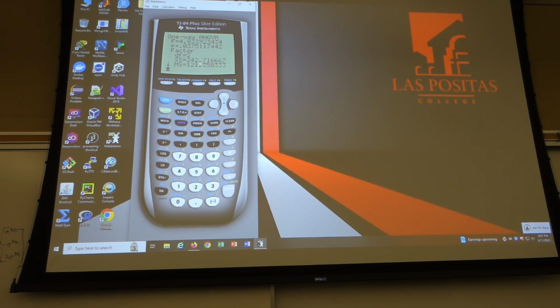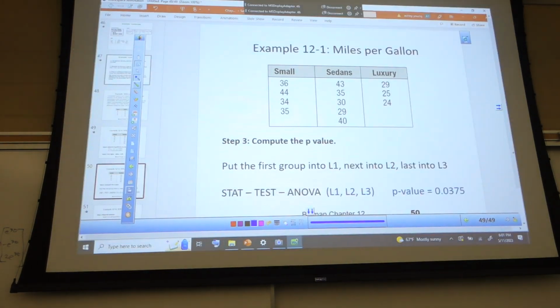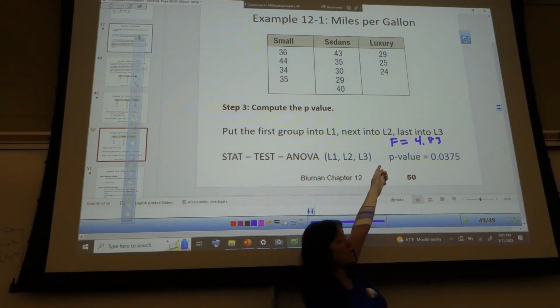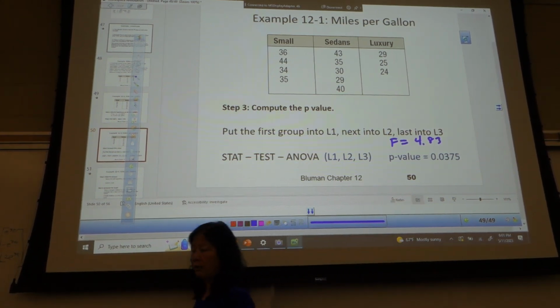Hit enter, and it gives me my F statistic, 4.83, and my p-value, 0.0375. If I had 4 tests, then I'd also have to put L4 in here. Everybody got that? However many tests you have, that's how many lists you have.